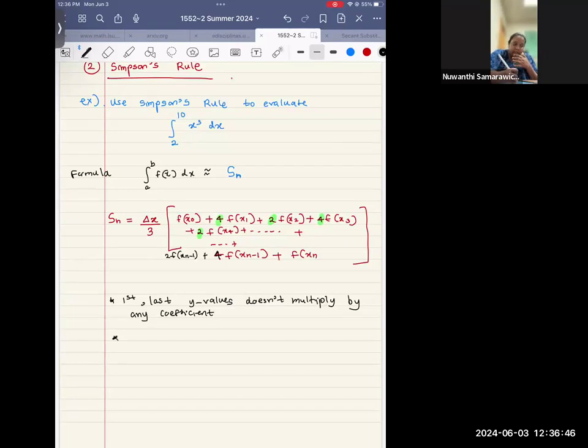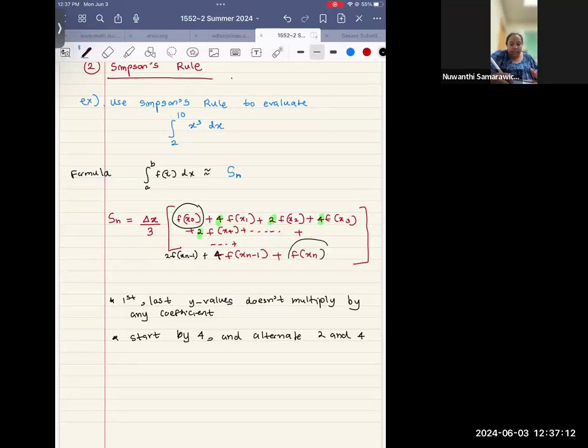So I will write that as a note. How to remember Simpson's rule: the first one and the last one we don't multiply by any constant.